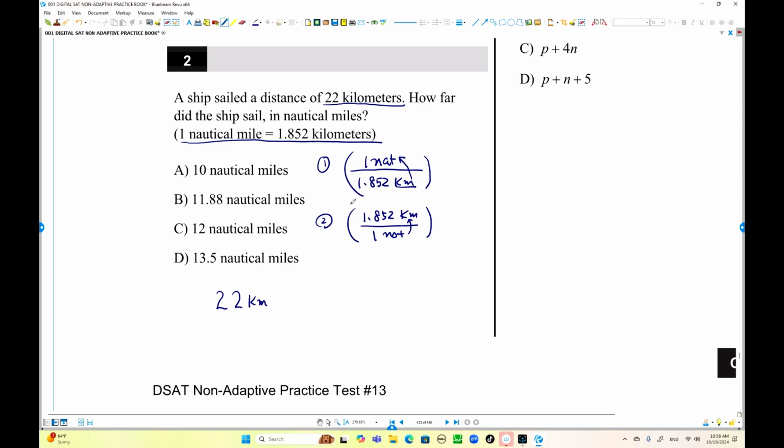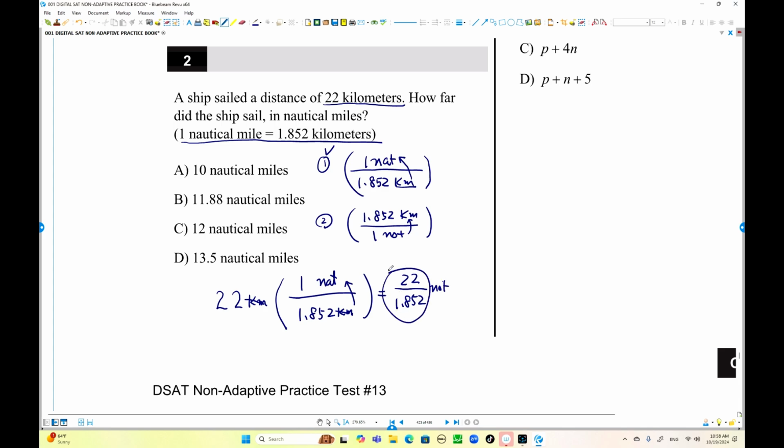So, kilometer to nautical, the first conversion factor is useful, right? So you multiply by 1 nautical mile over 1.852 kilometers. That is kilometers to nautical. That's why kilometer is out. That equals 22 over 1.852 nautical miles, right?